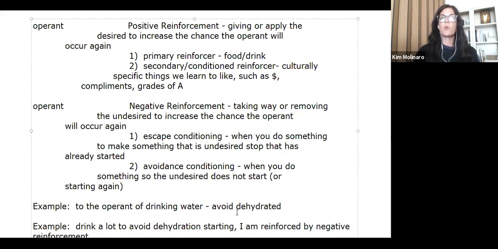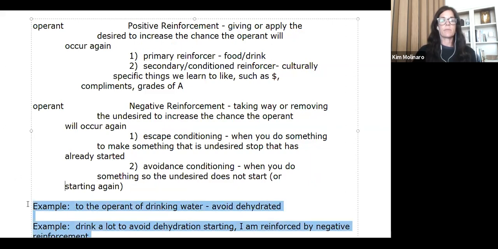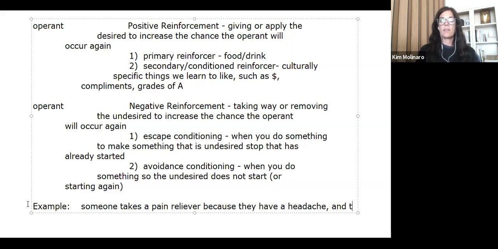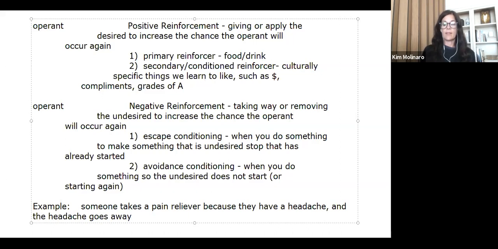All right, let's do one more example. Okay, if someone takes a pain reliever because they have a headache, and the headache goes away, they are reinforced by, I want you to think what the answer is for a second.